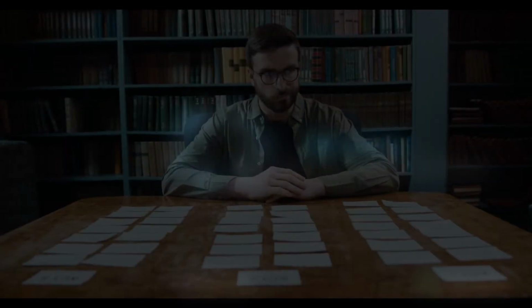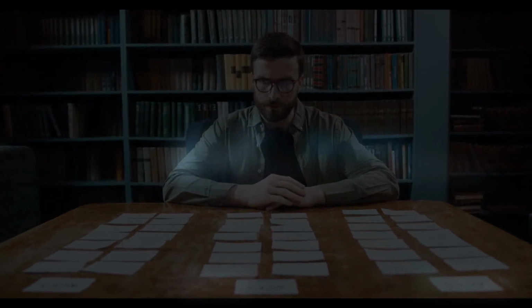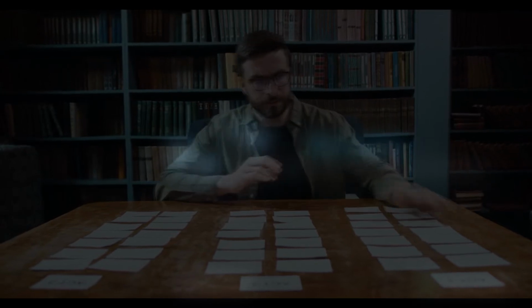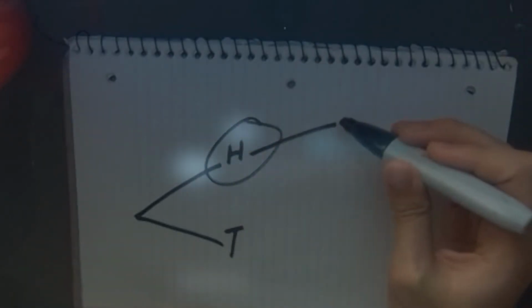But what about the possible outcomes of flipping a coin twice in a row? To find the possible outcomes, we construct a tree diagram. So our first flip is either going to be heads or tails. If our first flip is heads, then our second flip has two options.